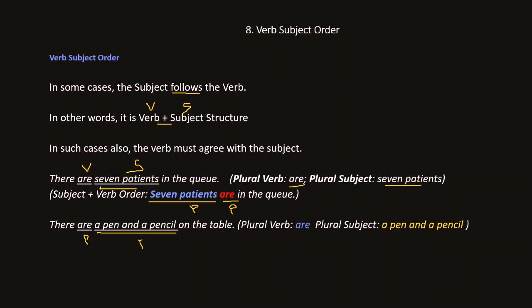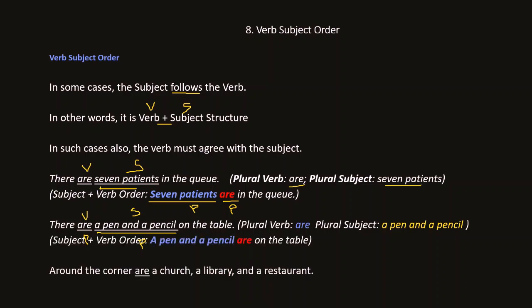Around the corner are a church, a library, and a restaurant. What is the subject in this sentence? The subject is a church, a library, and a restaurant. This is a compound or a plural subject. Hence, we use a plural verb are.